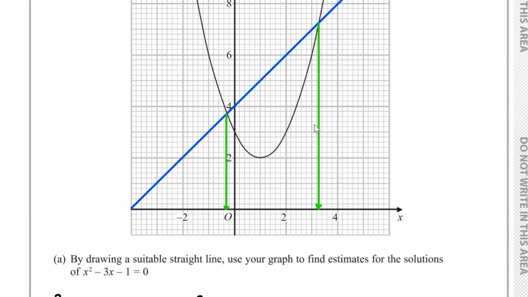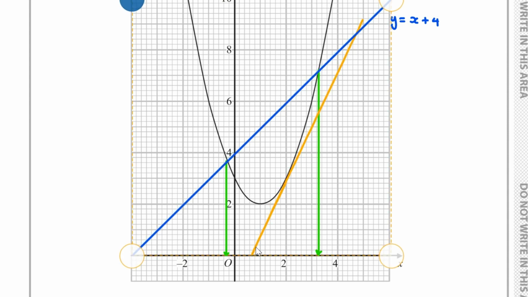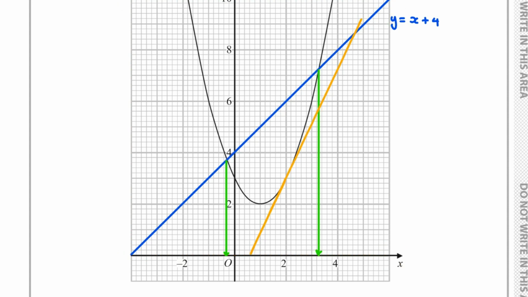First of all, let's just draw on for ourselves a quick gradient. So we need to find the gradient of this orange line over here.